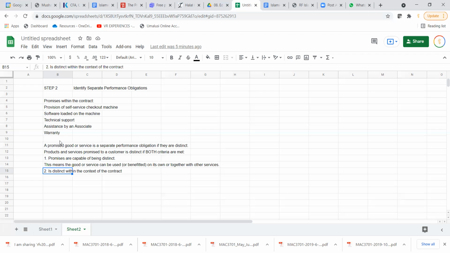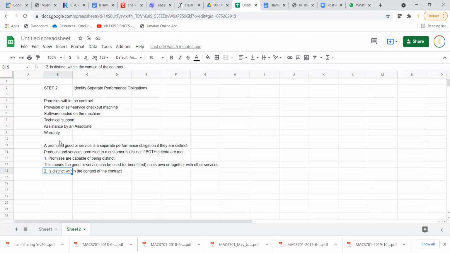Despite the fact that within the project management services, there are different promises, the drawing up of the plans, the building, the interior designs, the agreement between us and the architect company is not for the drawing of the plan. It is not for the building. It is not for the interior designs.